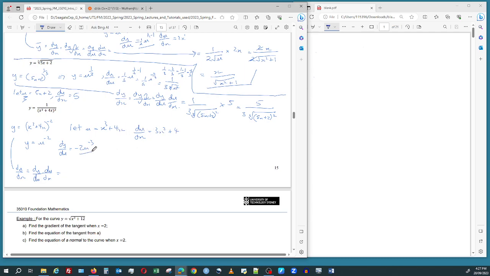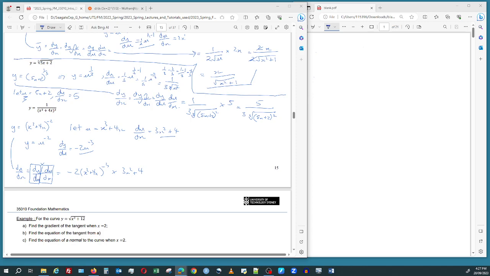So these are our products, here times here. So we've got to put them together as such. Now u is going to be put back with a minus 3, as (x cubed plus 4x) to the minus 3 times (3x squared plus 4).